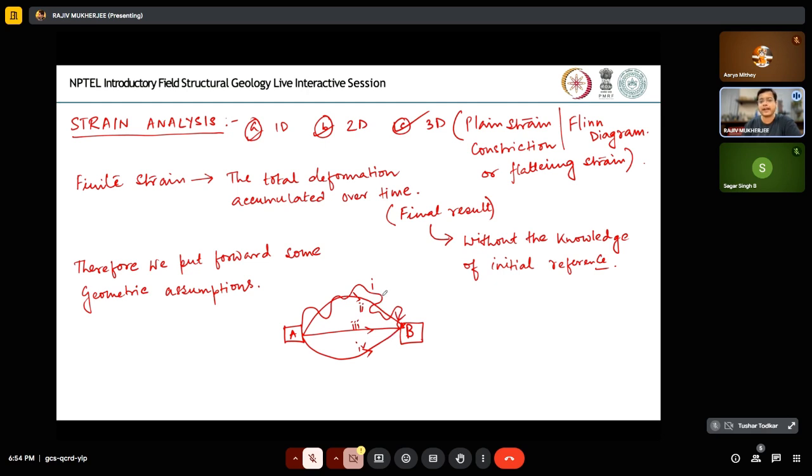And obviously, depending on the path, we also do not know how the progressive change took place, right?